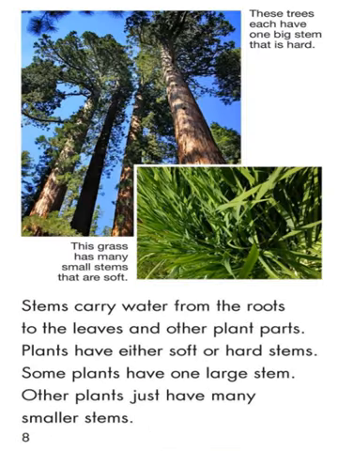Stems carry water from the roots to the leaves and other plant parts. Plants have either soft or hard stems. Some plants have one large stem. Other plants just have many smaller stems.